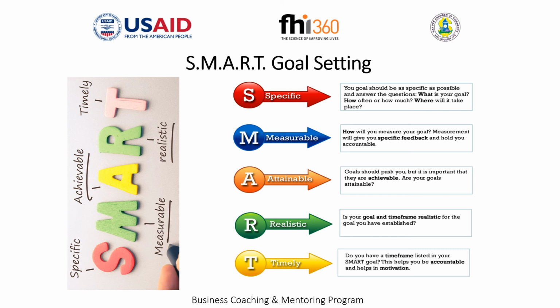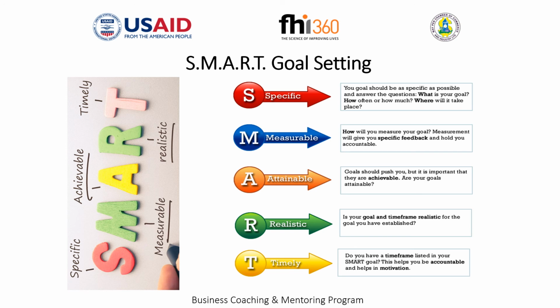So for example, let us use one for the business. A general goal, which is not specific, would be, I want my business to be profitable. That's not specific. That's very wide or vague. What is a profitable business? Profitable may mean something different for your business compared to another business.